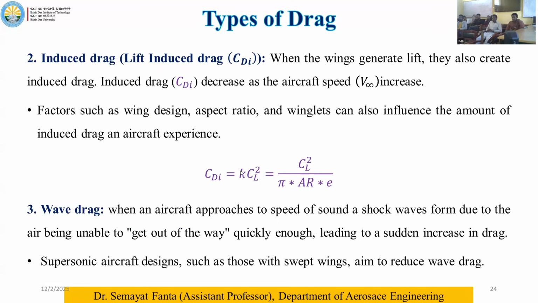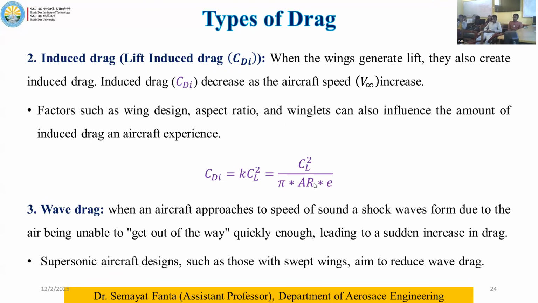So CDI is equal to K CL square, and K is related with the aspect ratio of the wing, the Oswald efficiency factor, and it is also dependent on pi. So K means 1 over pi, aspect ratio, and the Oswald efficiency factor, or wing efficiency factor.